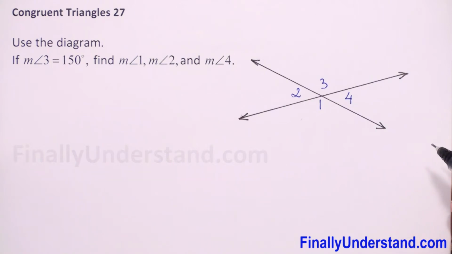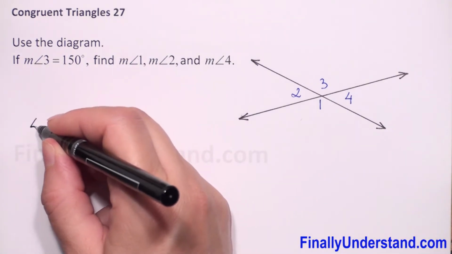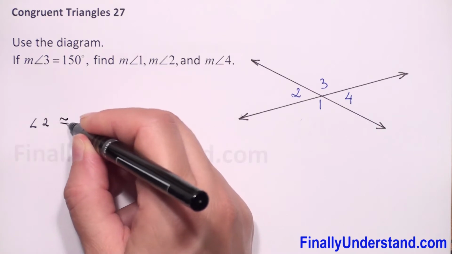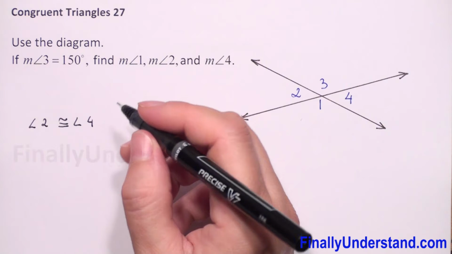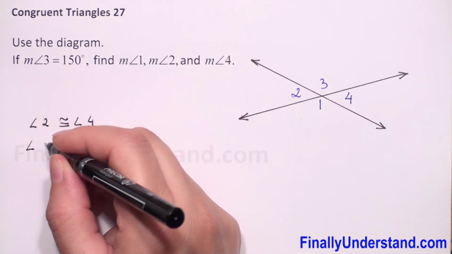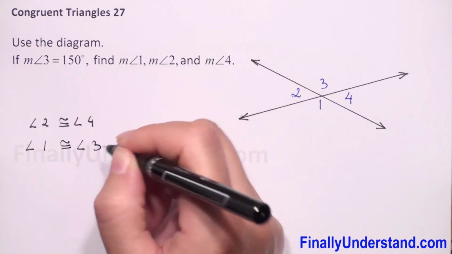And we know that vertical angles are congruent. So we can write that angle 2 is congruent to angle 4 and angle 1 is congruent to angle 3.